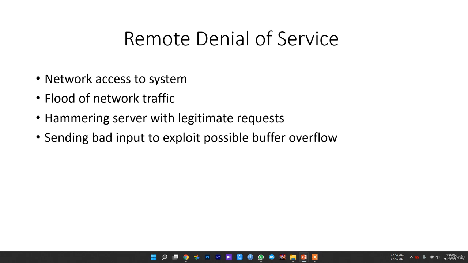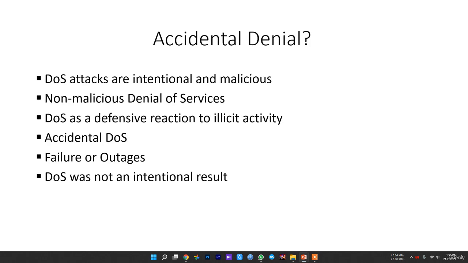Like remote denial of service, the attacker has access to a system over a network, and from the network the attacker can attempt to degrade the performance of a remote system by sending a great amount of network traffic to overwhelm the communication ports, or by making information processing requests to exhaust system resources, or by exploiting vulnerabilities that cause services running on the computer to crash.